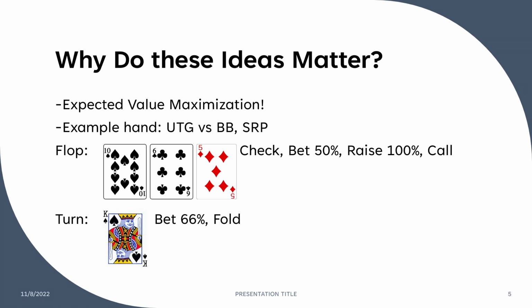Of course we are going to maximize expected value, but really what we're doing is exploiting someone's lack of knowing how to maximize their own strategy, and we're taking advantage of them, aka exploitation. This is the foundation of exploitative strategy.